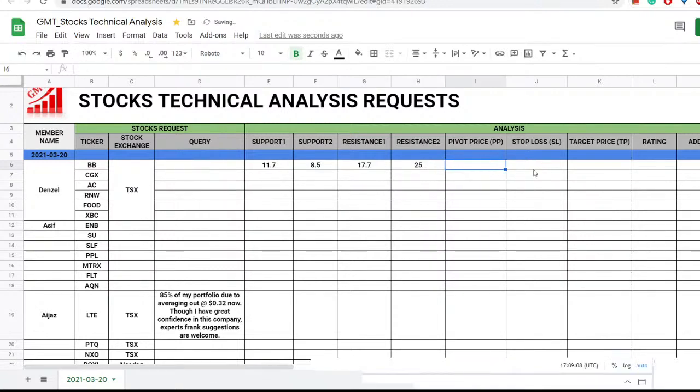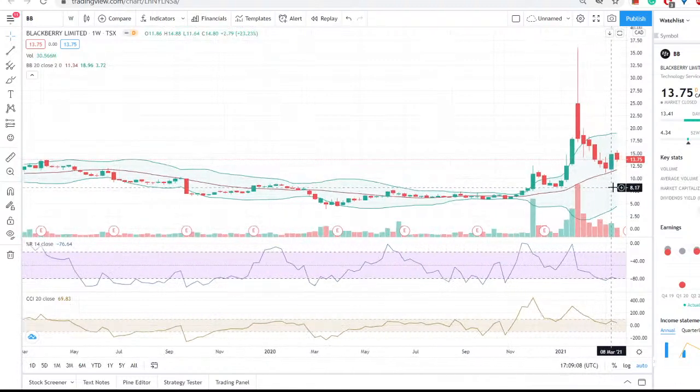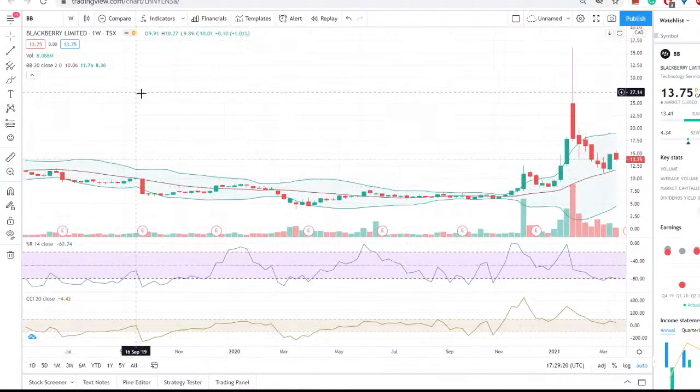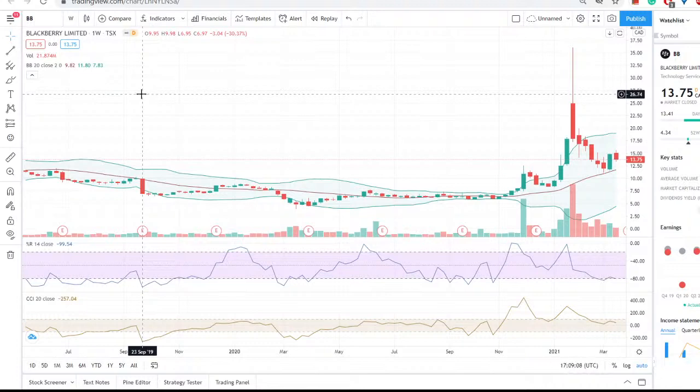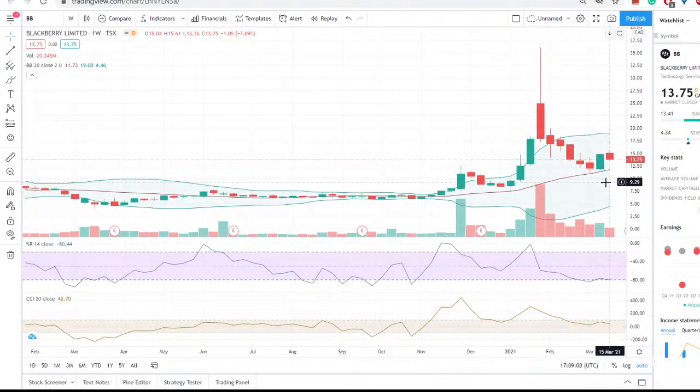Okay. Pivot price, you want the pivot price also? Maybe I'll calculate that pivot price later for all the stocks. And for this, if we can just mention the stop losses, that would be good.